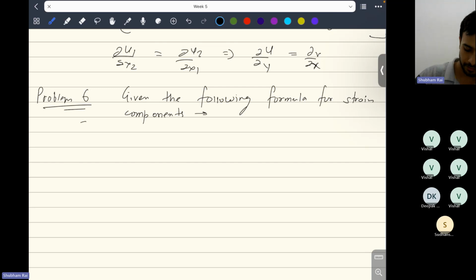Epsilon xx is equal to 5 plus x square plus y square plus x4 plus y4.